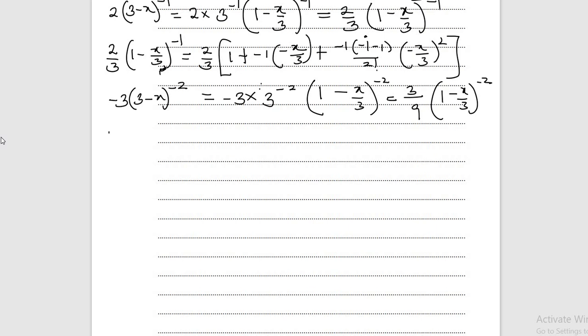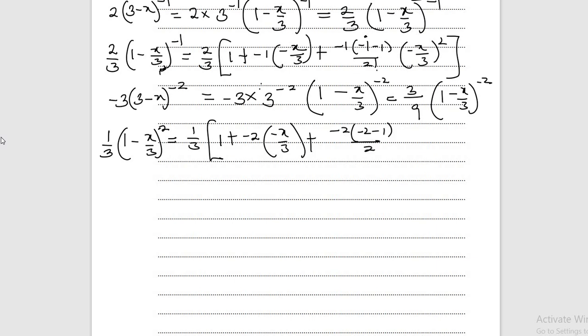So let's expand that now. 1 over 3, (1 minus x over 3) all squared. Let's expand it. So we have 1 over 3 times 1 plus nx, where n in this case is minus 2, plus n(n minus 1) over 2 factorial.